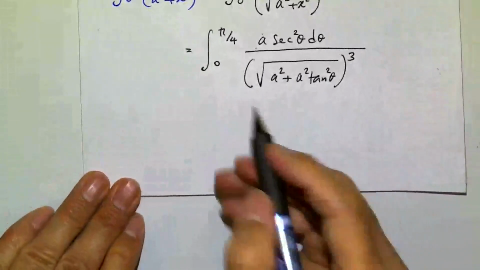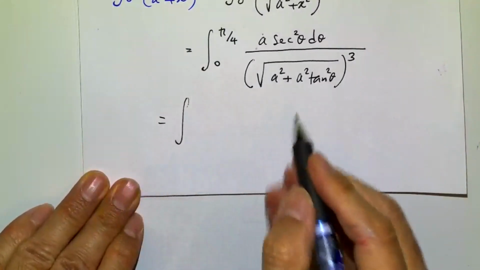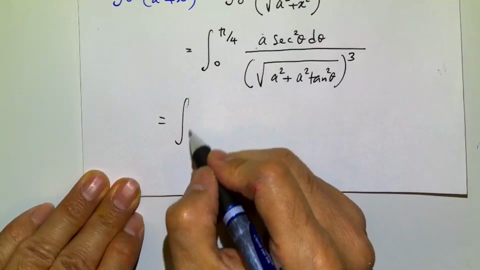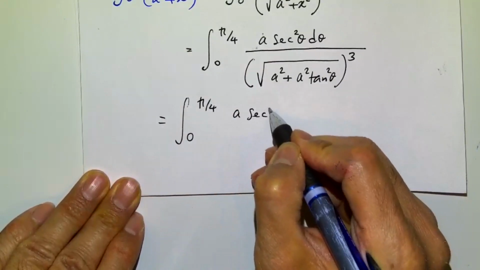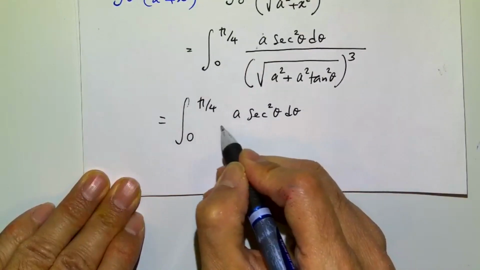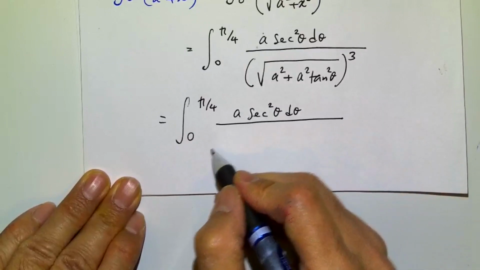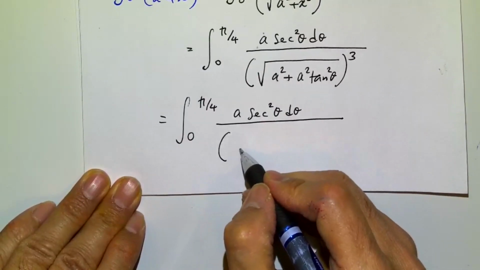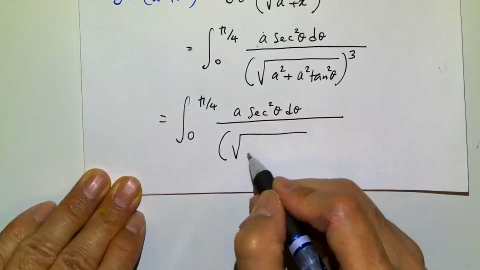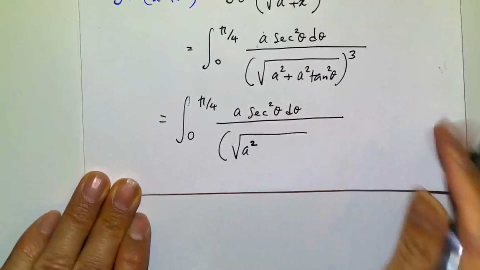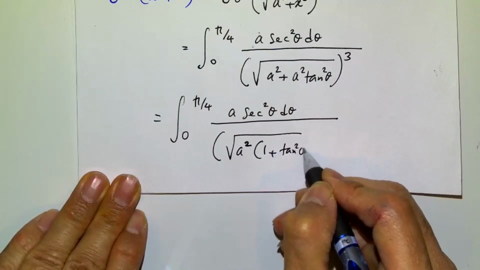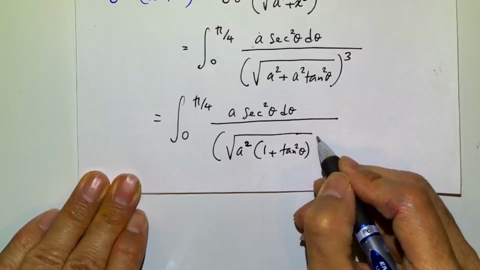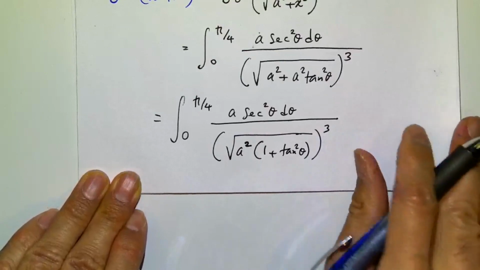So now the inside, we can factor this out. I think you see where this is going, how it's going to simplify. So let's factor the inside. We have a squared times 1 plus tangent squared theta, cubed.